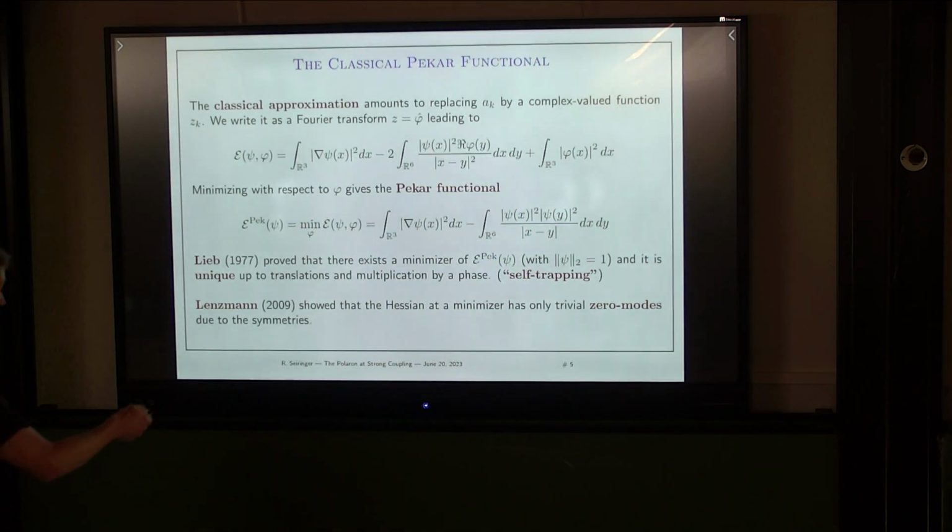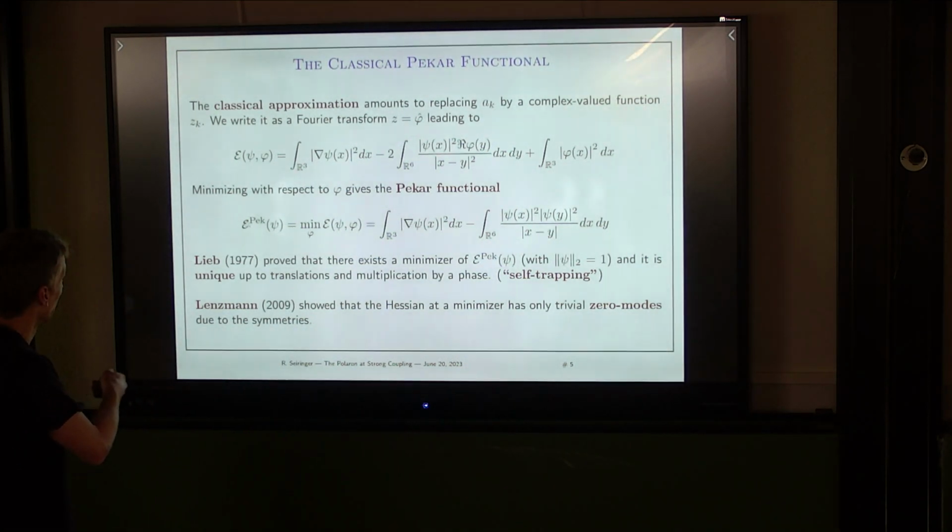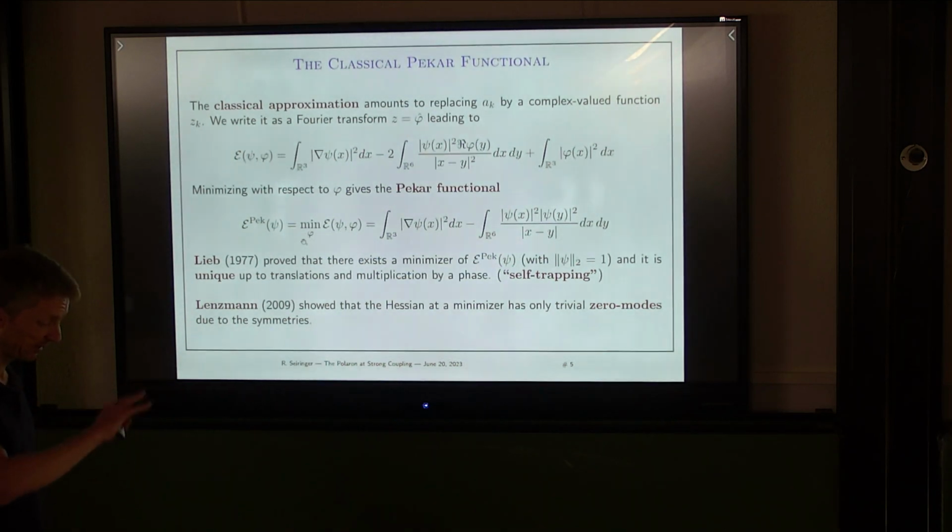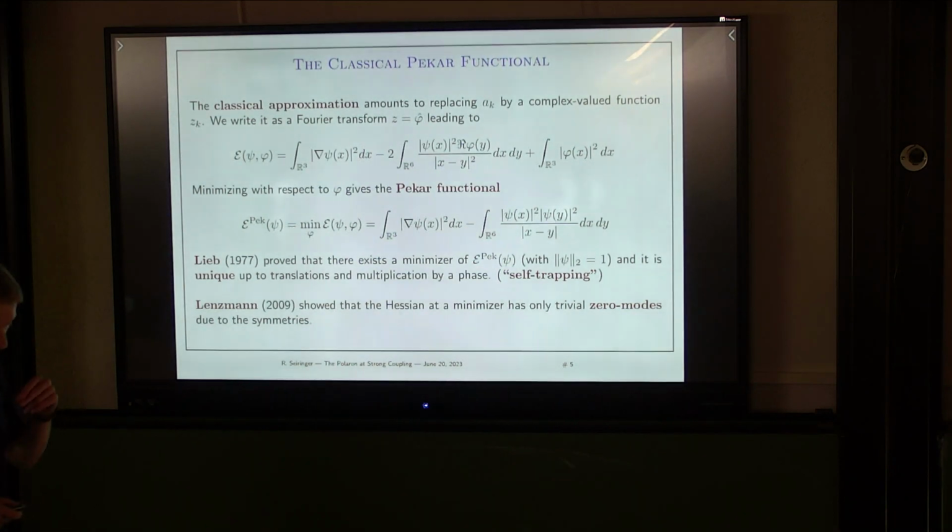So you look at the minimizer of this functional, and you take the second derivative at the minimum, then you'll get zeros from the symmetries. There will be trivial 3 zero modes from the translation invariance, but away from these zero modes you have strict positivity. So that's what Lenzmann proved, and this, as I said, is actually important for our analysis later.